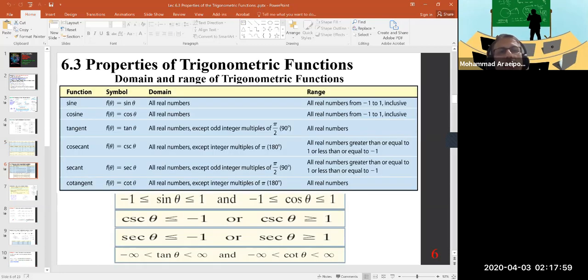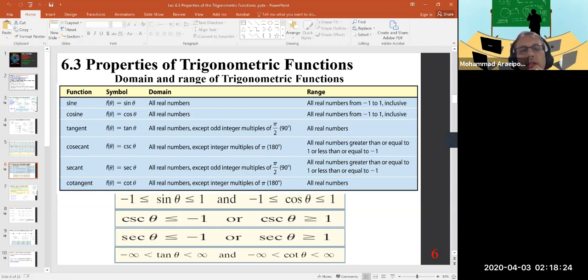In this section, the very first thing is about the domain and range. We will discuss that with more details in the next section when we do the graphing, but for now, the domain and range, as far as the sine and cosine is concerned, is all real numbers, the domain. But the range is limited to -1 to 1.